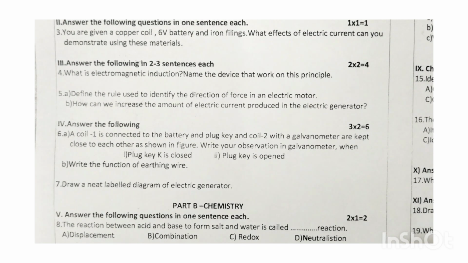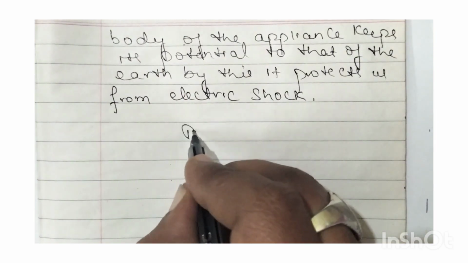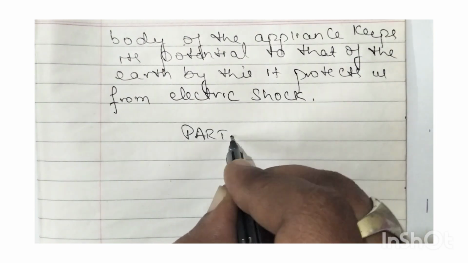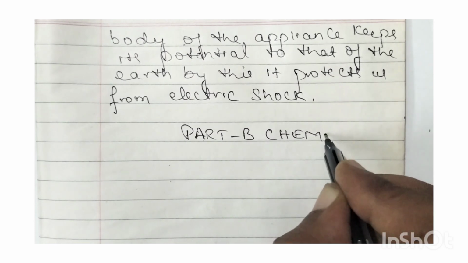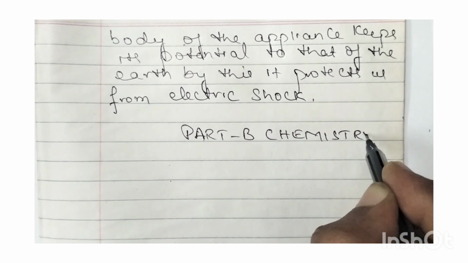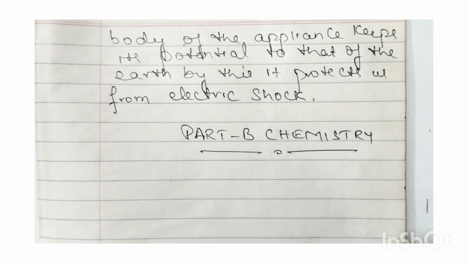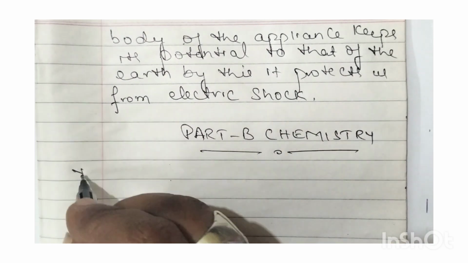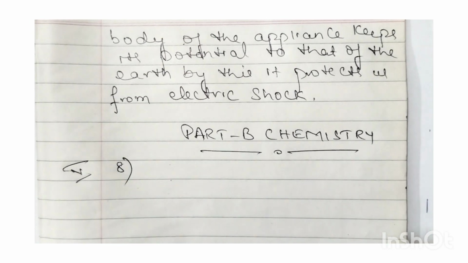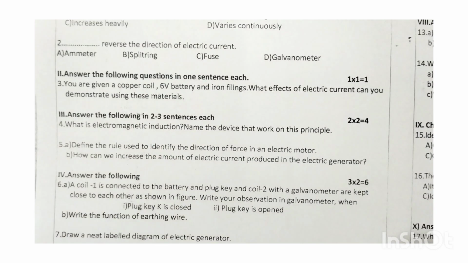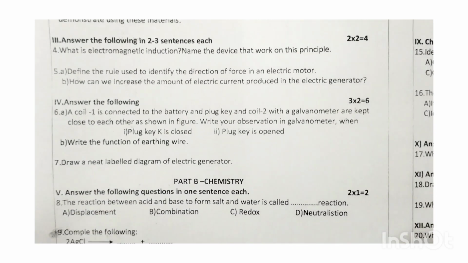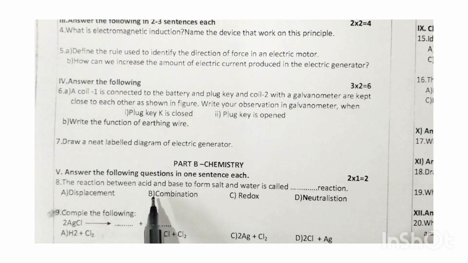Now let us move to part B, chemistry. It is fifth main, eighth question. Let us see what is there in the chemistry part. The first question is: the reaction between acid and base to form salt and water is called dash reaction.